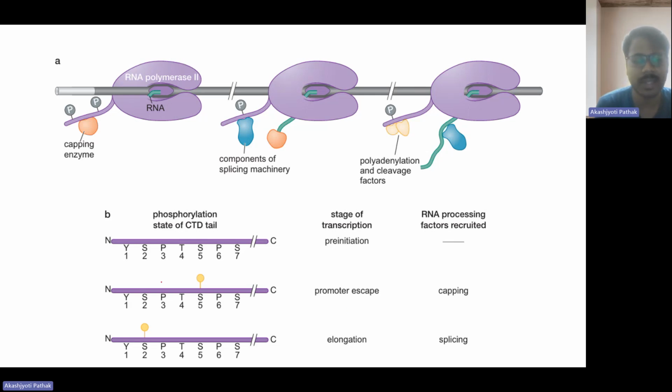And when the serine 2 is phosphorylated, the RNA processing factors are recruited, the various factors involved in the splicing, or the removal of introns from the mRNA. This figure is from the book by J.T. Watson, Molecular Biology of the Gene. So here you can understand how the C-terminal domain of the RNA polymerase is involved in the transcription process.